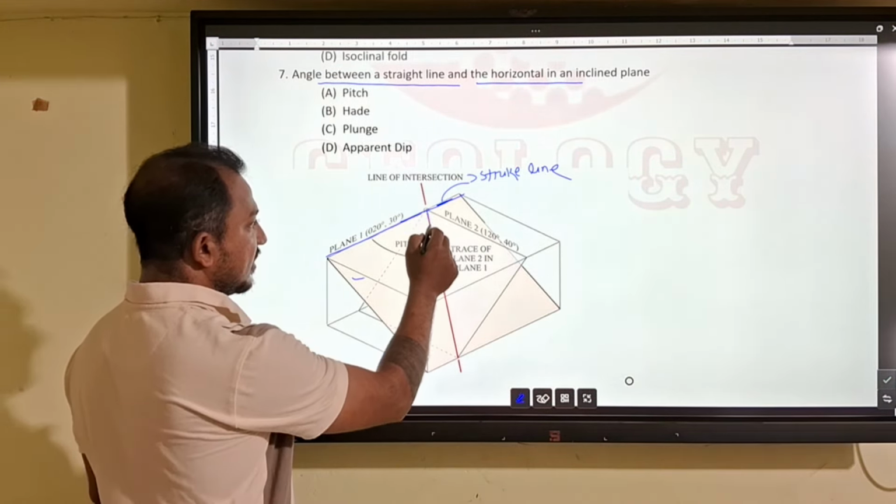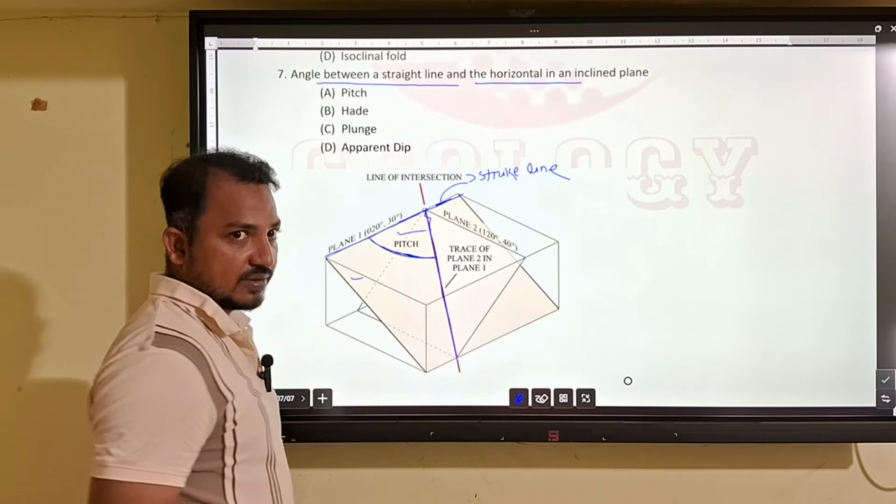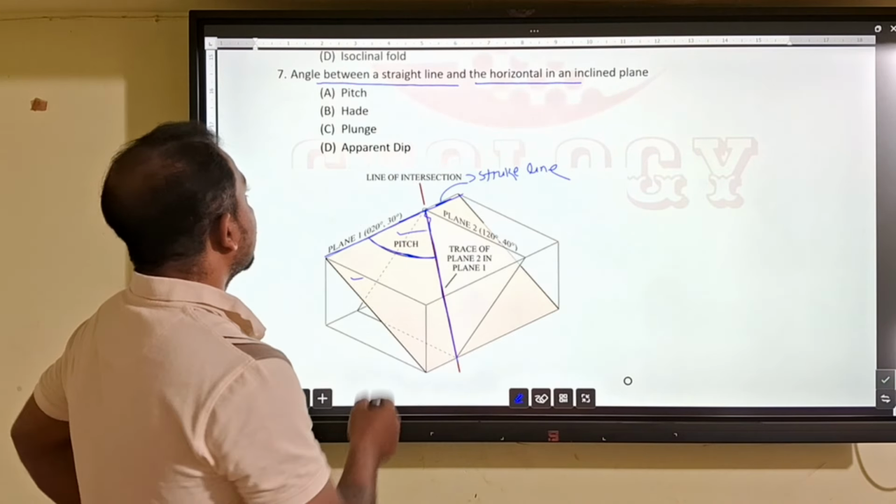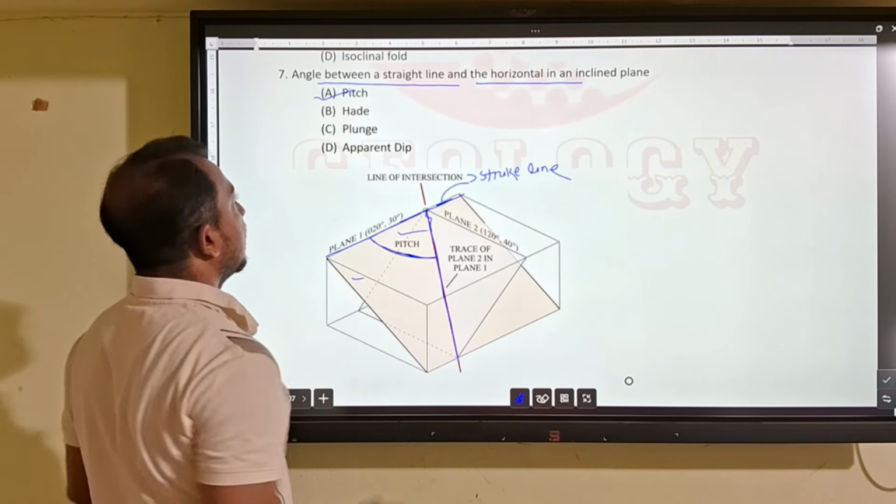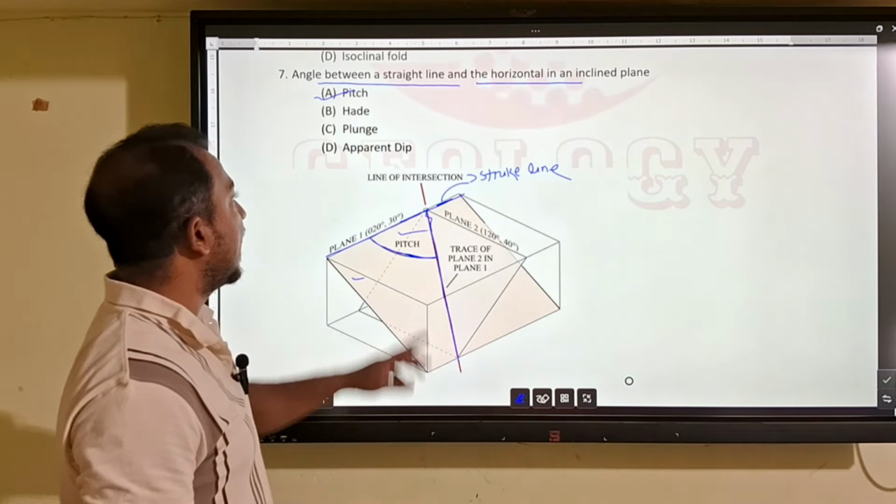This is a line on the bed. So the angle between the line and the horizontal is called your pitch. And the angle of inclination of this line is called your plunge. So the answer will be pitch. Head we have discussed, it is the angle between the vertical and your fault plane.